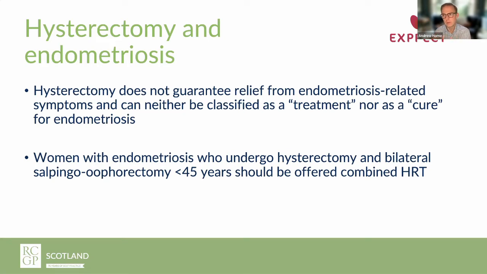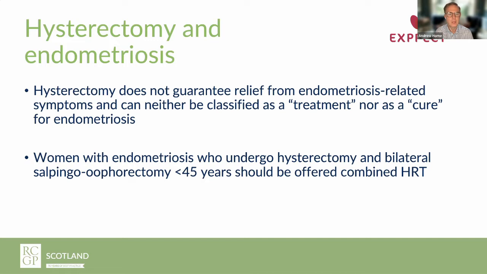Now that's not to say that some patients don't end up having a hysterectomy who've explored everything else and they maybe think that this is the final treatment that's going to be of benefit to them. And certainly if patients have adenomyosis and endometriosis, then a hysterectomy can sometimes be helpful.